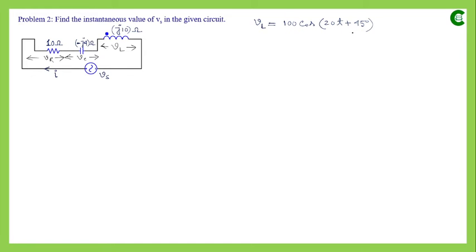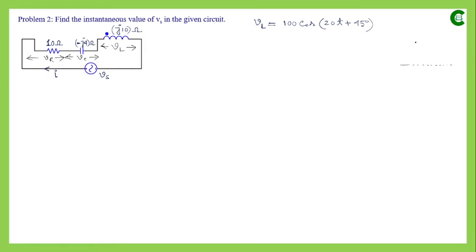That means with respect to the reference we take, VL, the voltage drop across the inductor, is leading by 45 degree. That means the current through this inductor will be lagging by minus 45 degree with the reference. Then only the total phase difference between the voltage drop across the inductor and the current that flows through the inductor will be 90 degree.